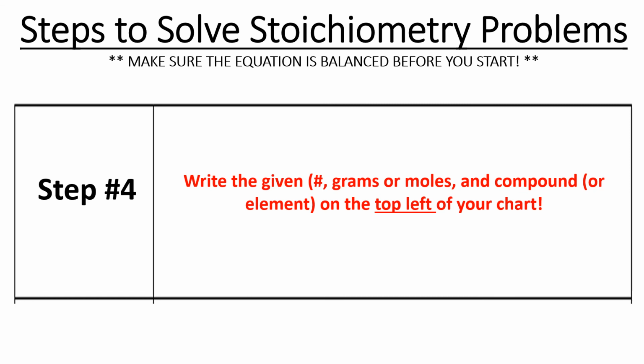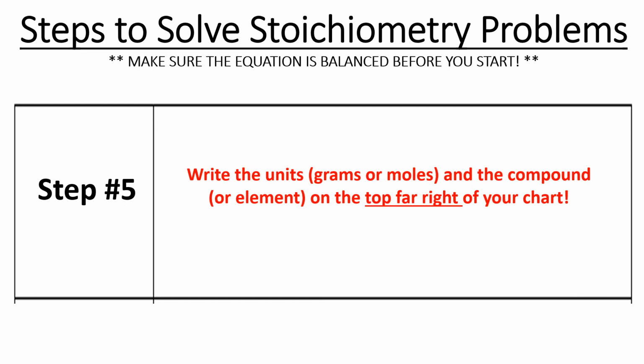Write the given up on the top left of your chart. Remember, you're always trying to get them to cancel out diagonally. Write the units, grams or moles, and the compound or element on the top far right of your chart.